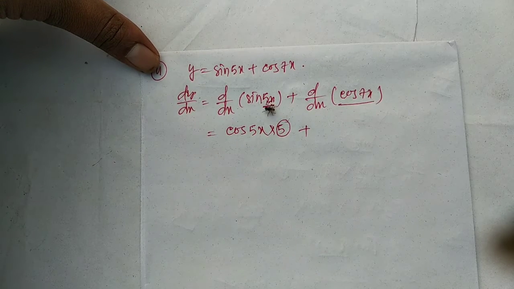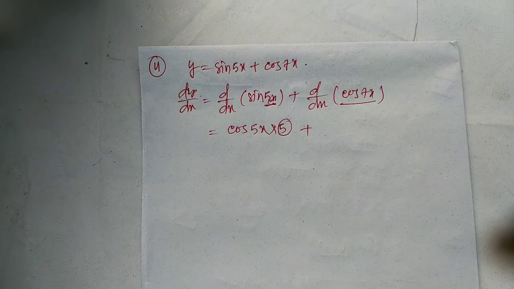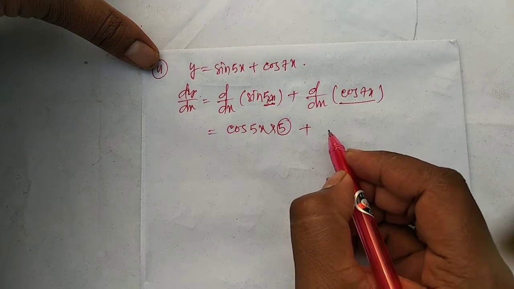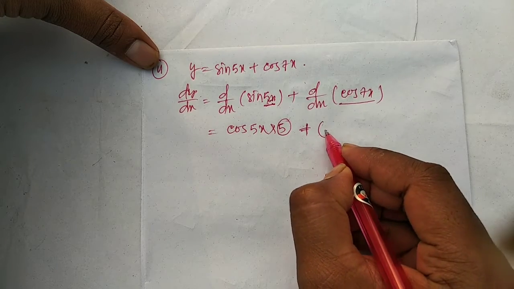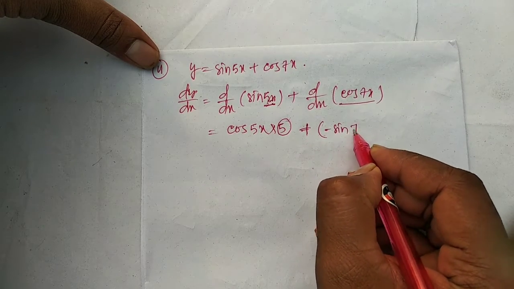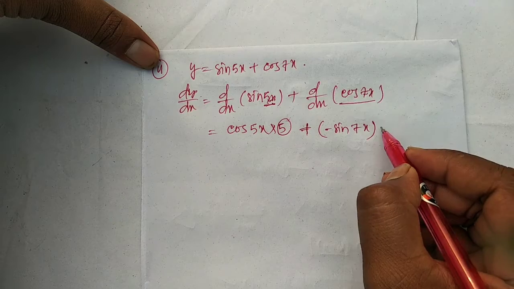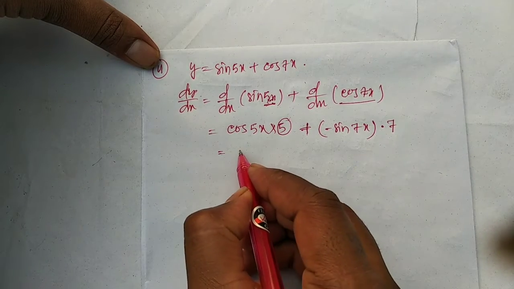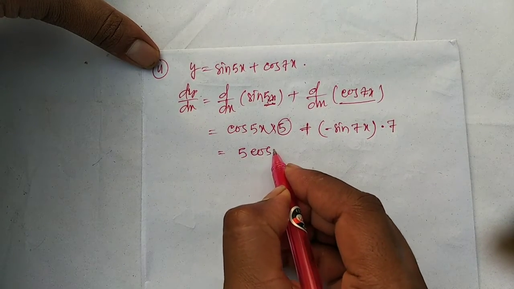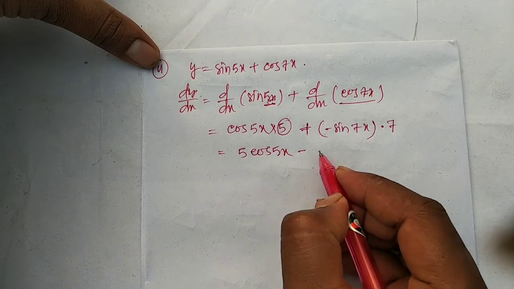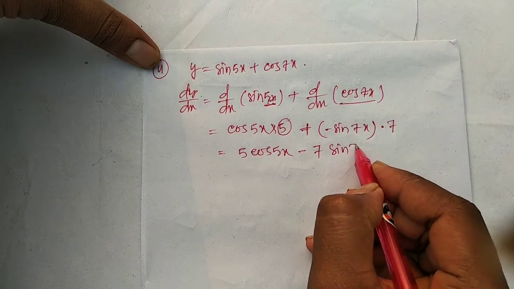If it would be cos u, its value will be minus sin u, and the value of u is 7x. Again derivative of u, that is derivative of 7x is 7. I am writing that part directly. It will be sin 7x, and that constant will come out. So the answer will be 5 cos 5x minus 7 sin 7x.